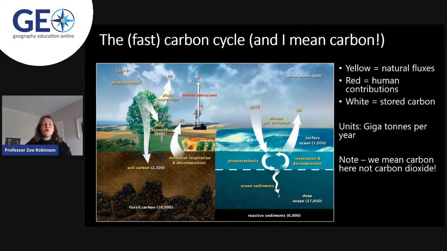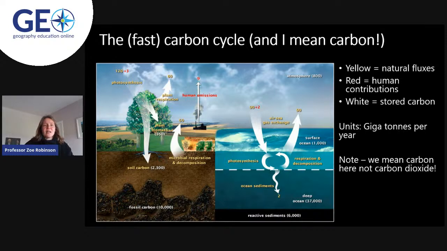Now, in terms of the human interventions, this is where we are changing the rate within the system. So we're changing the rate at which this fossil carbon is released by burning it, really, really rapidly releasing it into the atmosphere.